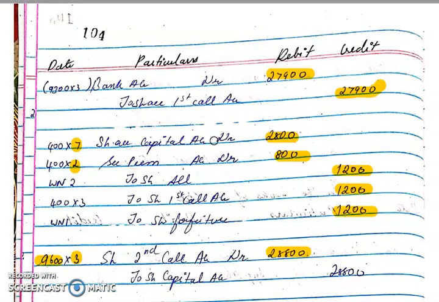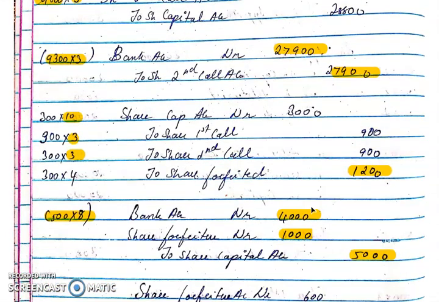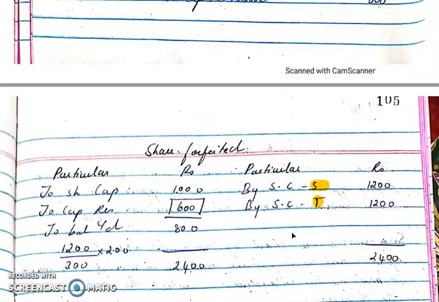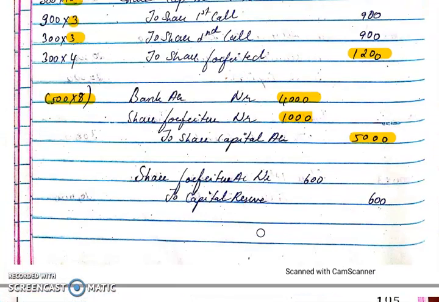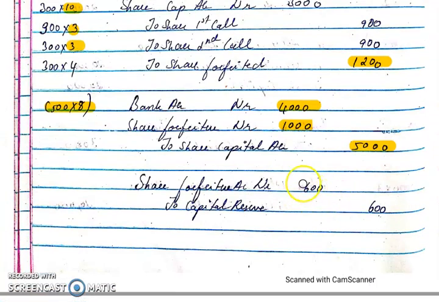This 800 will be securities premium which you have to show, and 1,000 rupees is the share forfeiture on reissue. I have shown it here, and the balancing figure, capital reserve, will be 600. So from this you can find out the share forfeiture. So totally 600 rupees is being transferred from share forfeiture to capital reserve.